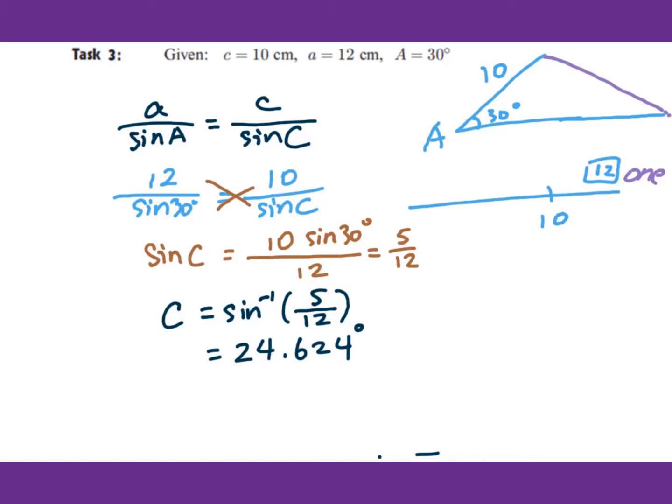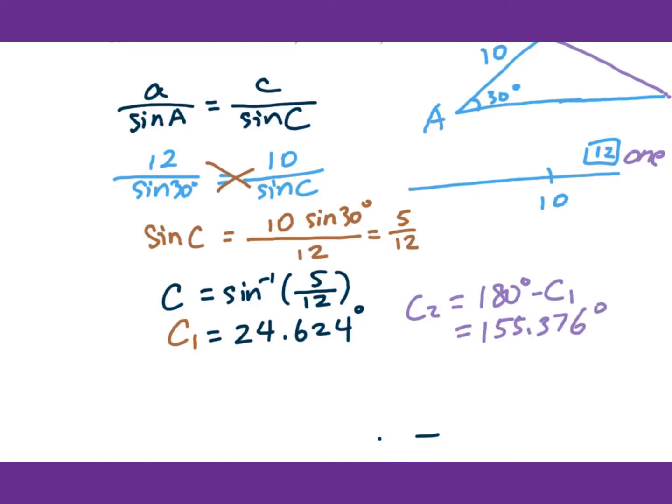You can stop here. You see, we only have one solution for C because we already use this diagram to show the triangle. You can also keep going. We got this is a C1. Let's get the C2 equals 180 degree minus C1. You got the C2 equals 155.376 degree. You need to check C2 is correct. How you do that?